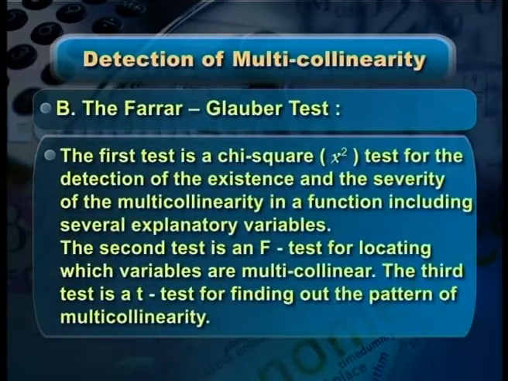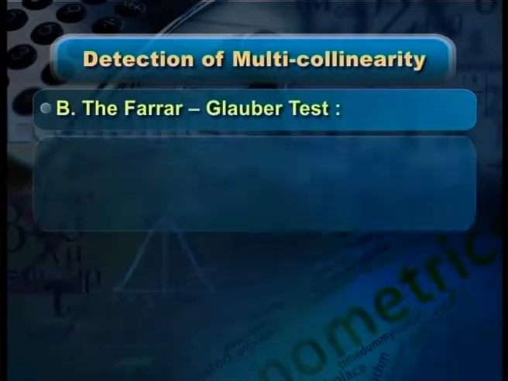The first test is the chi-square test. The chi-square test is meant to detect the existence and the severity of multicollinearity in a given function, including several explanatory variables. The second test is an F-test for locating which variables are multicollinear. The third test is a T-test for finding out the pattern of multicollinearity.